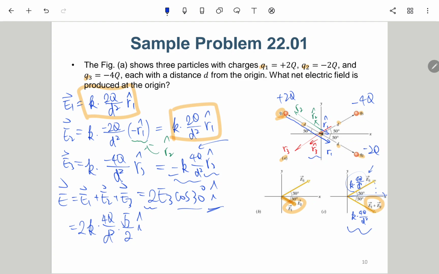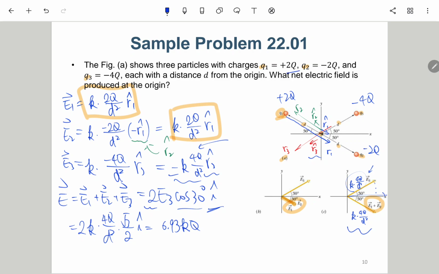Okay, so we can plug in the numbers. Actually, the textbook doesn't plug in all the numbers. It still keeps this K. So finally the answer will be 6.93K.